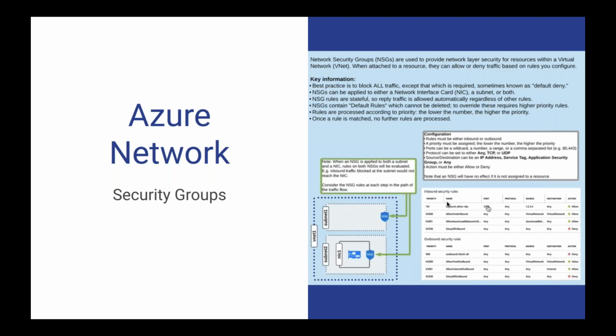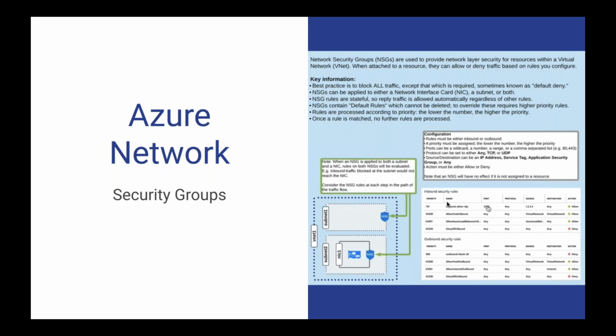So there are three things that you need to remember. Network security groups are a stateful set. If you allow incoming, automatically outgoing is allowed. Or if you deny incoming, outgoing is also denied.